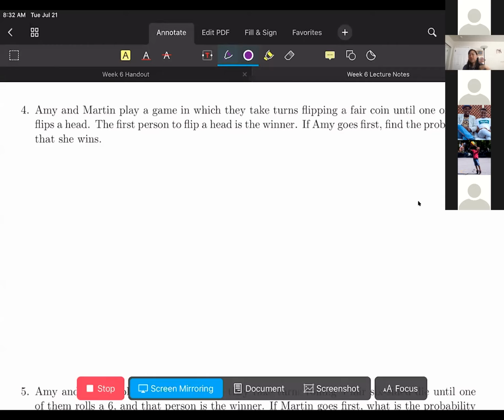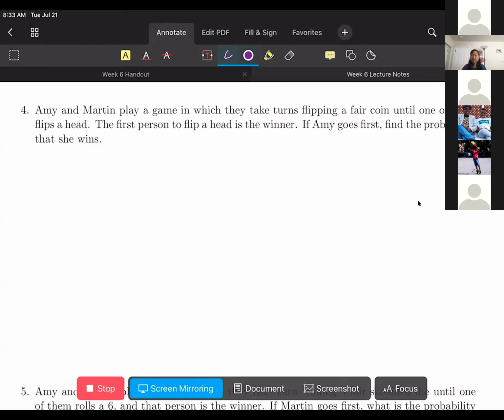So if you think about it like that, we can see that Amy actually has a greater than 1/2 chance of winning, because when she first flips, she has a 1/2 chance of winning on the first flip. But then if she flips tails and then Martin flips tails, then Amy has another chance to win.